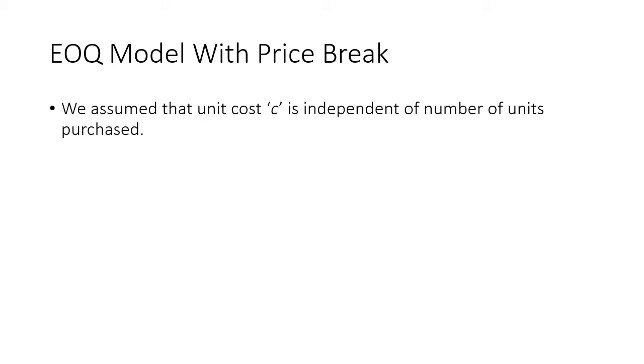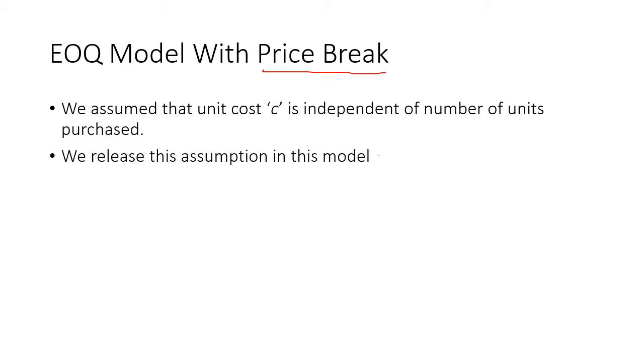This is what we assumed so far, and we release this assumption and we say that there is a price break. That means if we place an order greater than a certain threshold, then the supplier gives us the discount.